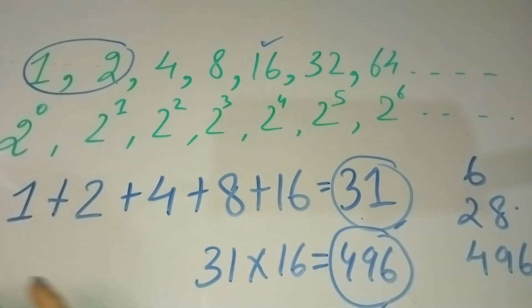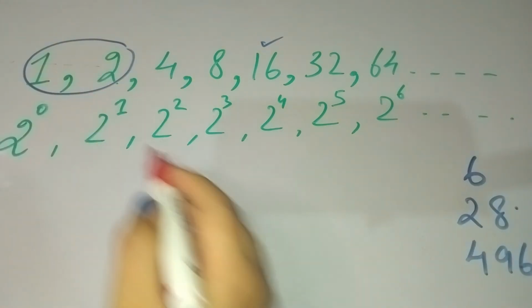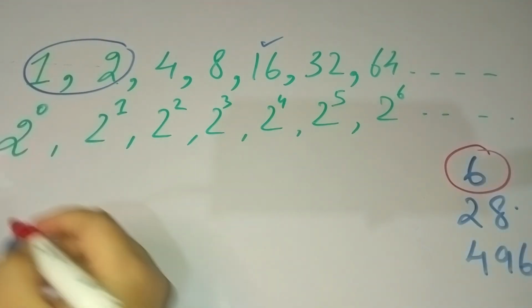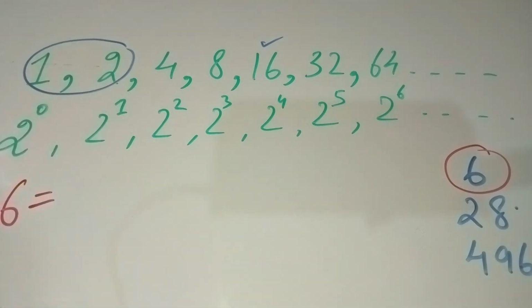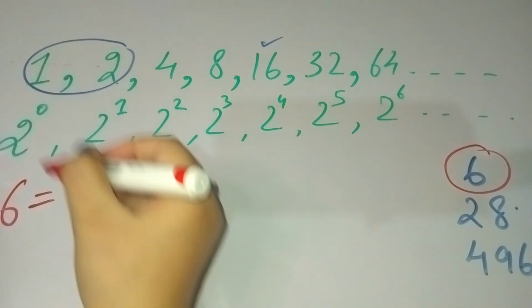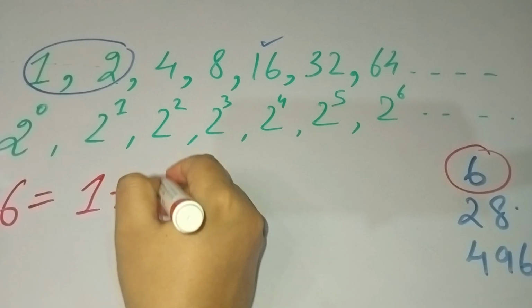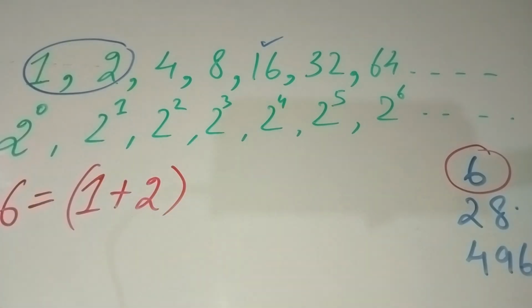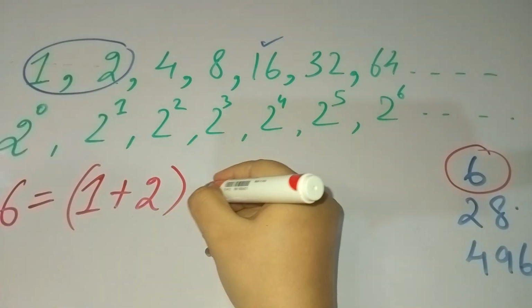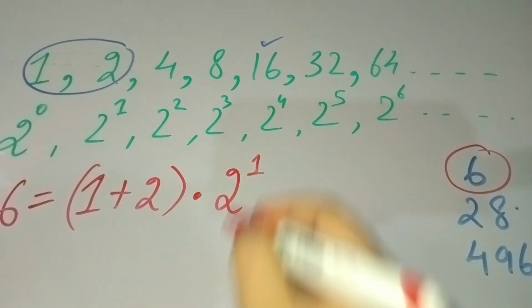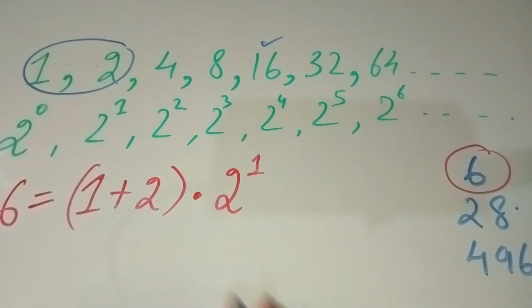Okay, so let me write something more. Our first perfect number 6, I can write 6 as 1 plus 2, and then we multiplied it by 2, so 2 to the power 1. So I can write 6 as this, right?